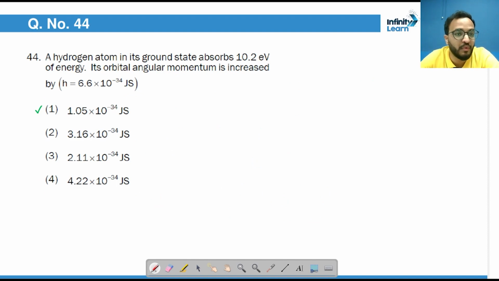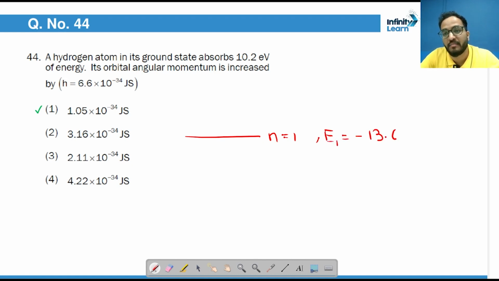Question number 44. A hydrogen atom in its ground state absorbs 10.2 electron volts. If it is absorbing 10.2 electron volts, then its angular momentum is increased by, see, we know this gap, when you are in the first state, then what is the energy here? Minus 13.6 electron volts. And what is the energy here?